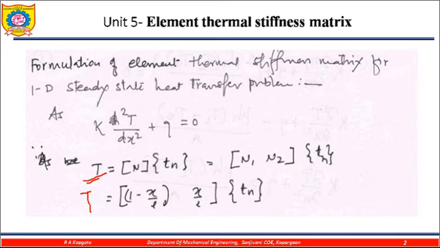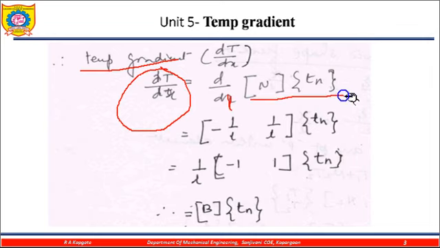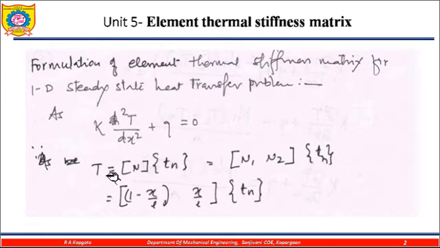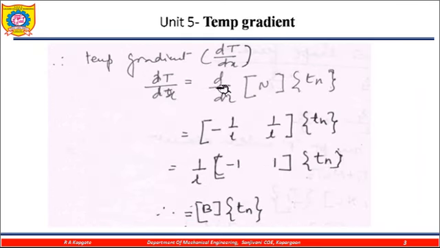Now the temperature gradient dT by dx is the derivative of the shape function multiplied by the nodal temperature matrix, that is the T term, where T is defined by the shape function N.